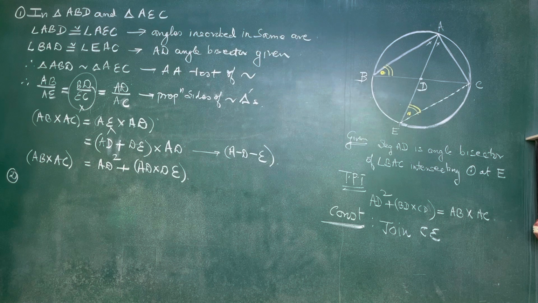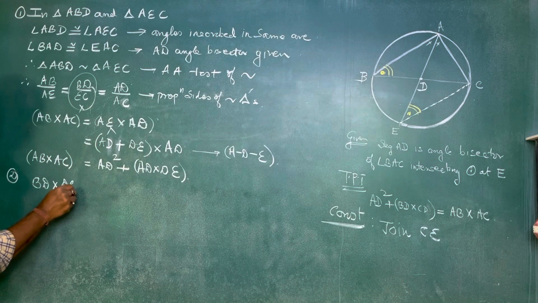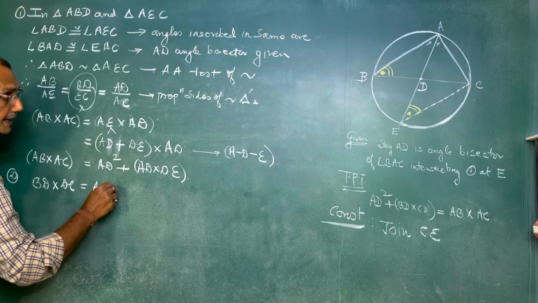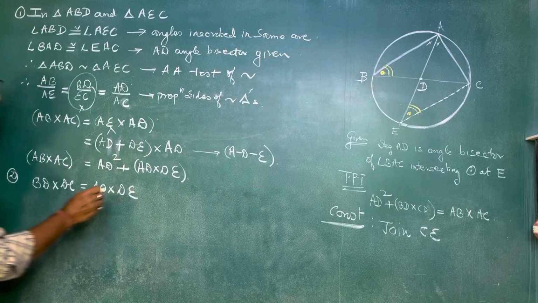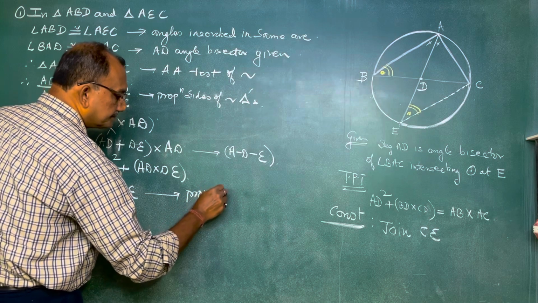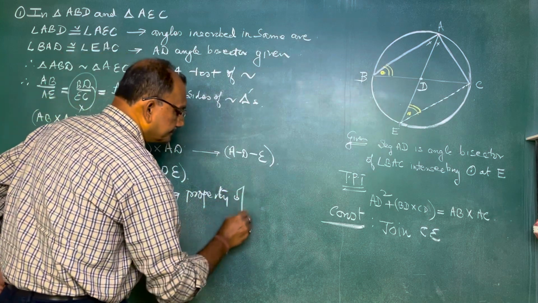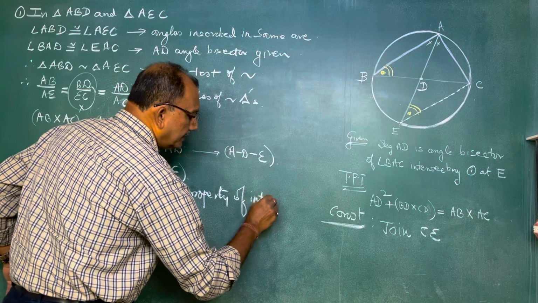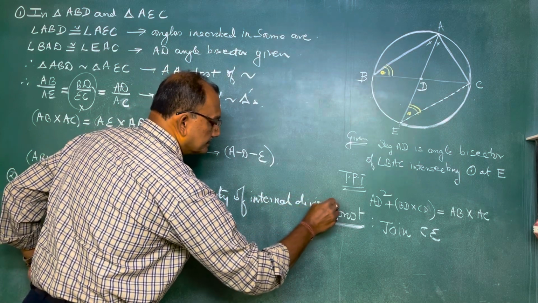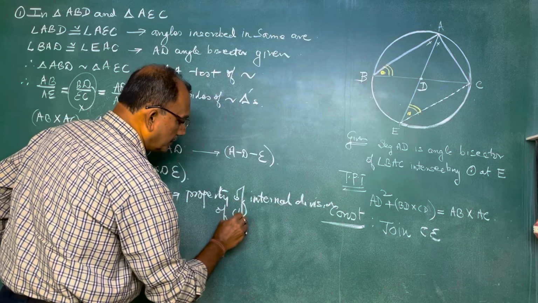BD into DC is equal to AD into DE. This I get from property of internal division of chords.